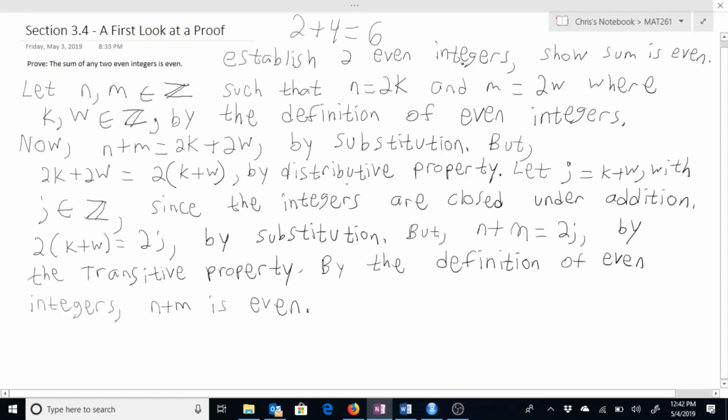So, based upon that, we are now done with this proof.